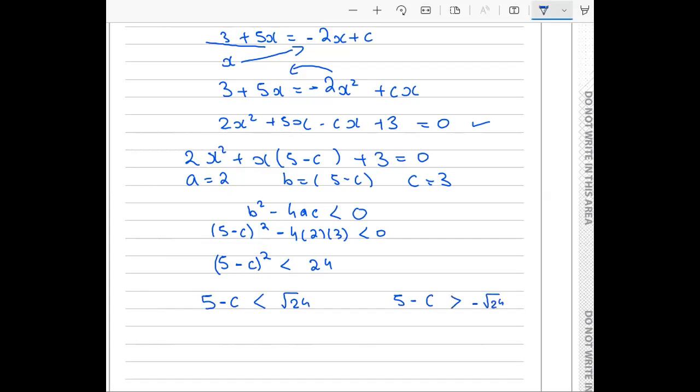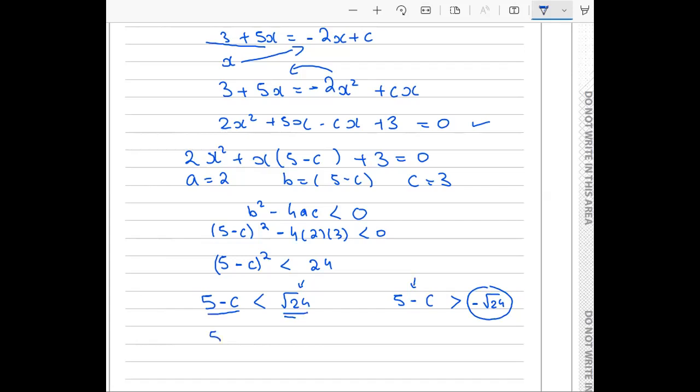Obviously, this makes sense because this is a big number, so 5 minus c can be less than this and greater than that. But it cannot hold the other way around, because this is a small number, so this term can be greater than this, and this term can be less than this. Did you understand this? Yes.